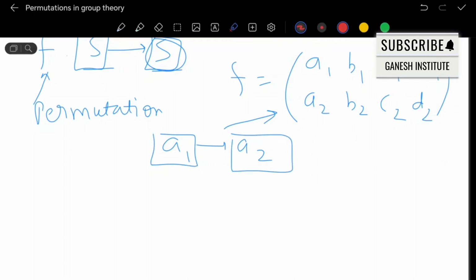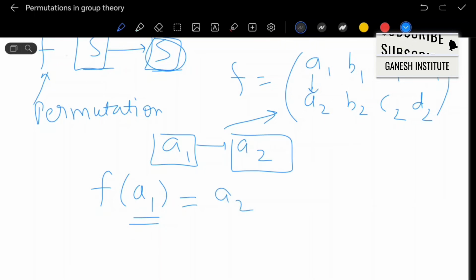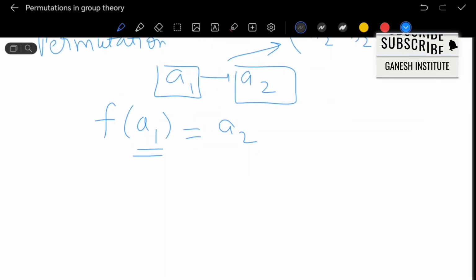So A1 is mapped with A2, B1 is mapped with B2, C1 is mapped with C2 and D1 is mapped with D2. So if the question asks you what is F(A1), that is, if you consider A1 from the domain set, then the image will be A2, right? And this goes like this.